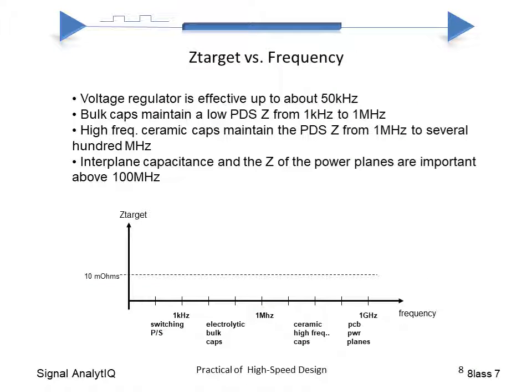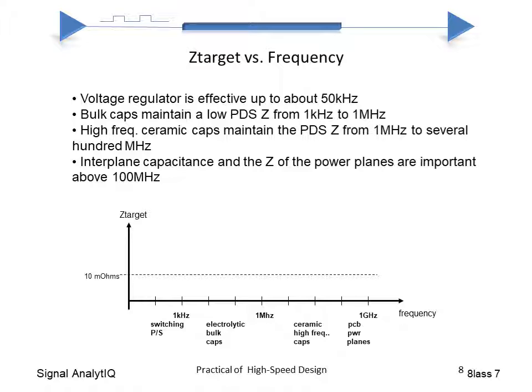When you take a plot of target impedance versus frequency, if you see it flat until around 50 kilohertz, the voltage regulator is effective. Then after this, from say 1 kilohertz to 1 megahertz, your bulk capacitors would maintain a low PDS impedance.